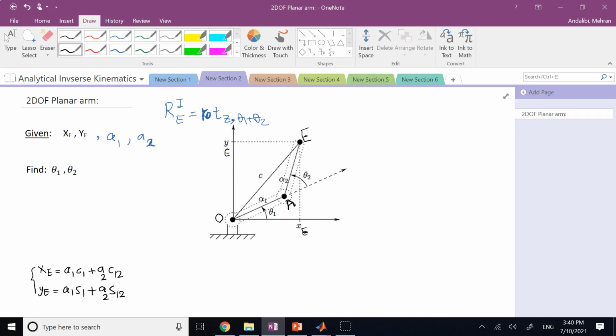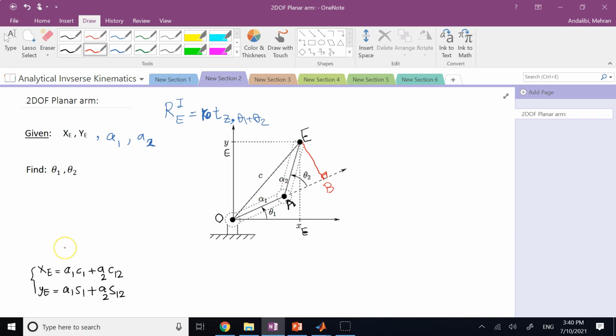Okay, so the first thing I do is this. I draw a perpendicular from point E to the extension of the first member. So I extend the first member, and from E I draw a perpendicular to it, and I will call this point B. Hopefully so far so good.